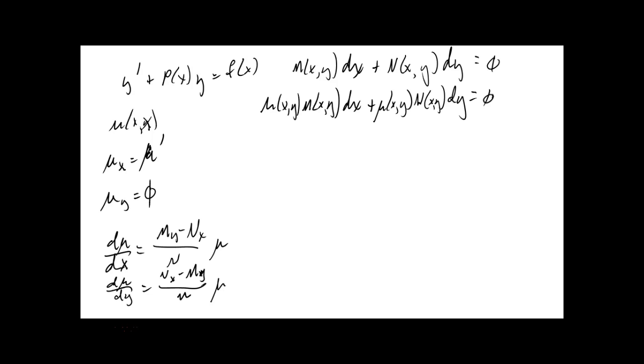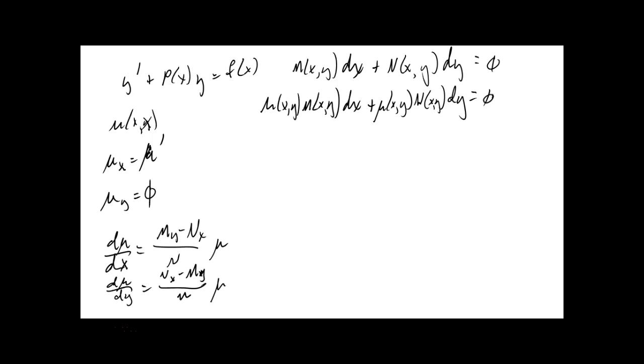We do our first test: partial m with respect to y, partial n with respect to x. If they're the same, go on with the exact differential. Don't mess with any of this. If they're not the same, then take the difference of partial m with respect to y, which you just calculated, and partial n with respect to x, divide it by n.